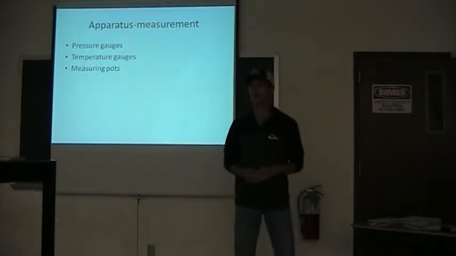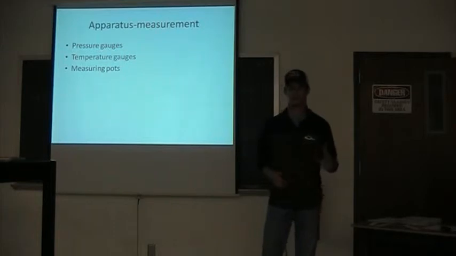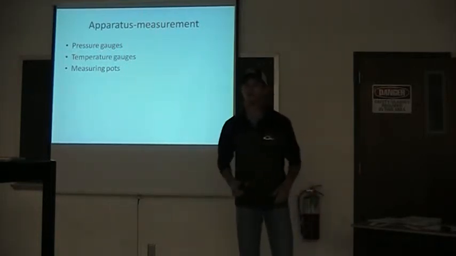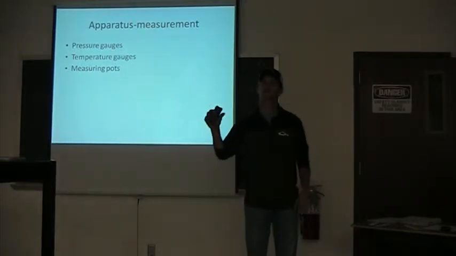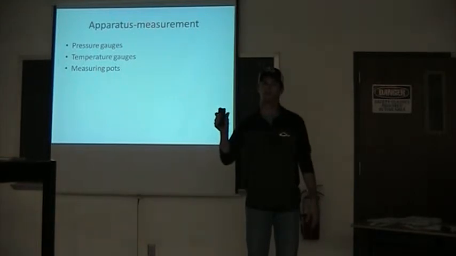Other apparatus are pressure gauges, temperature gauges, and those two measuring pots. There's a pressure and temperature gauge inside the separating calorimeter, and one directly after the throttling calorimeter.